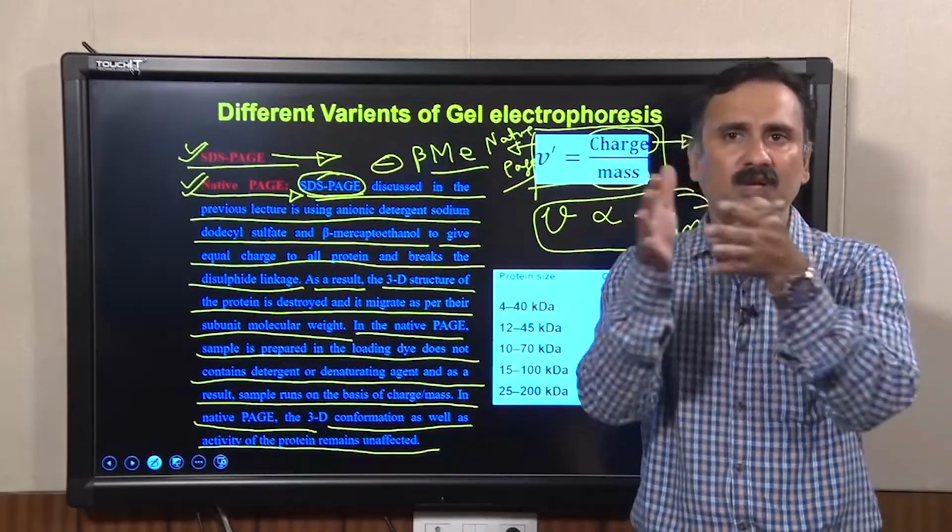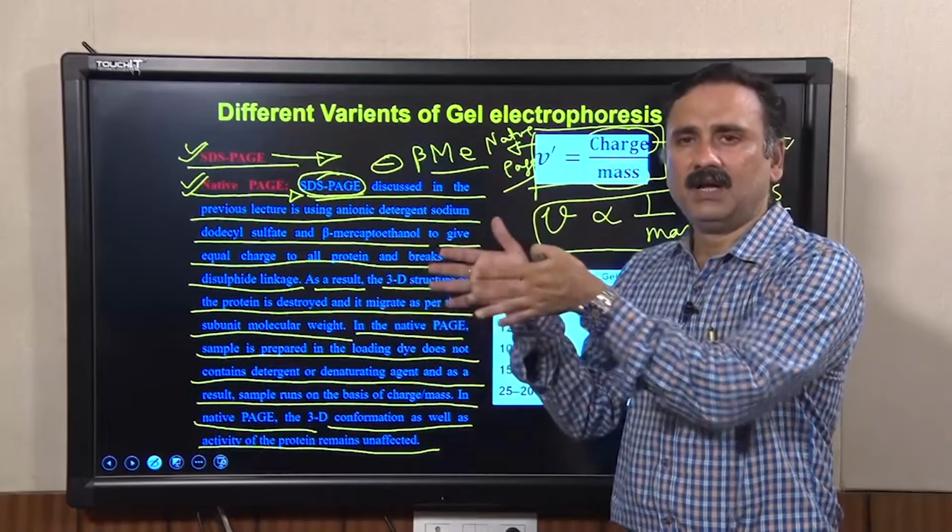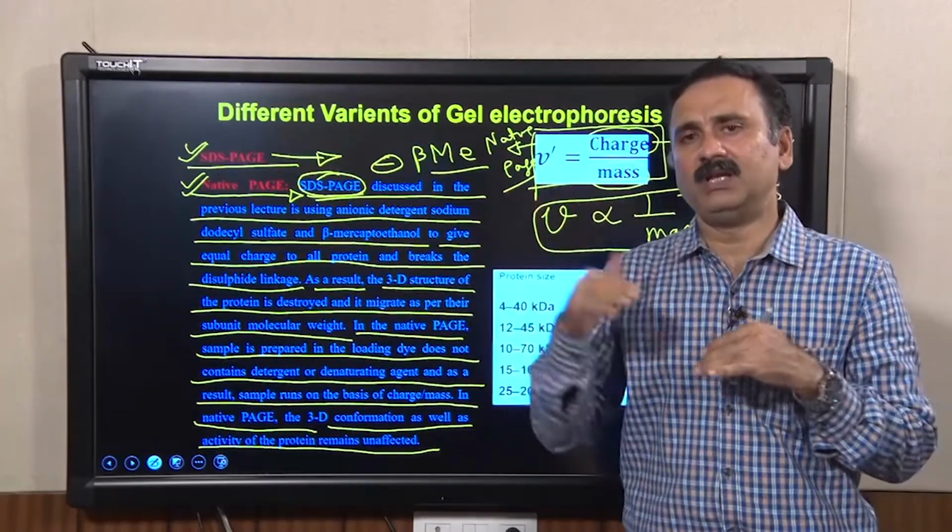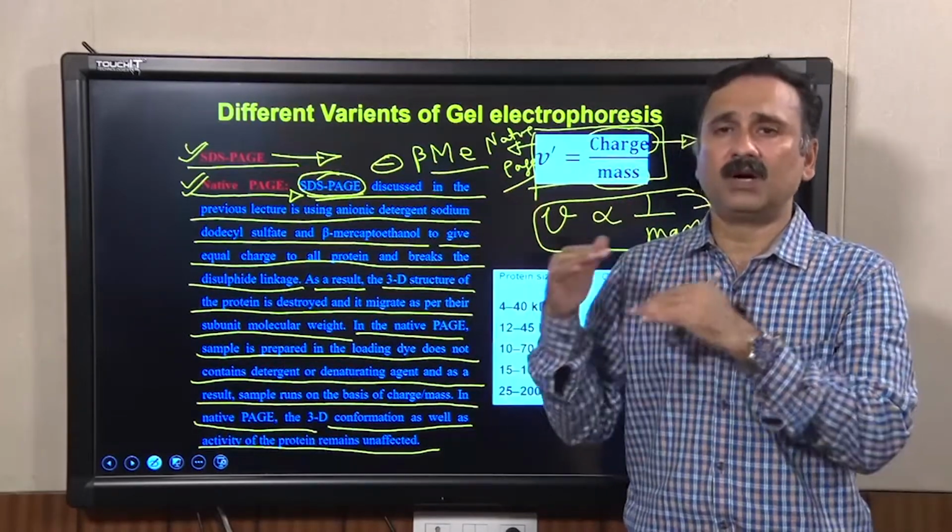If you load protein A, protein B and the protein AB complex, then the electrophoretic mobility is going to be different for the complex.